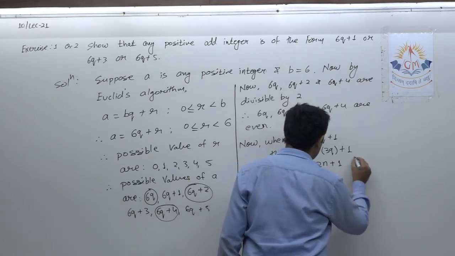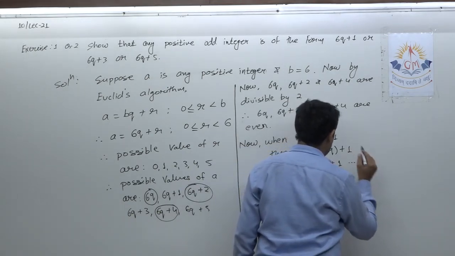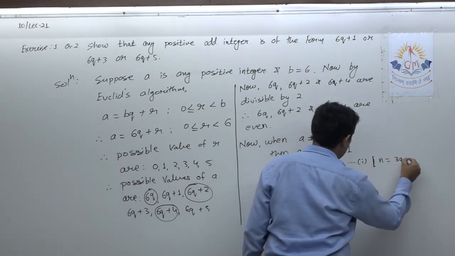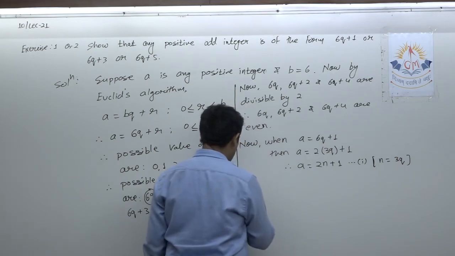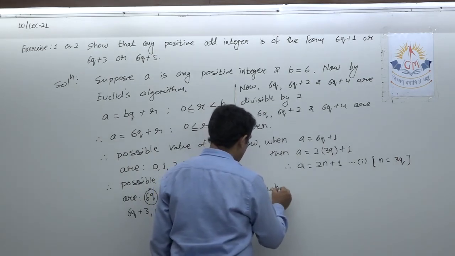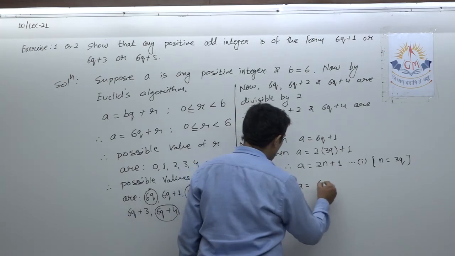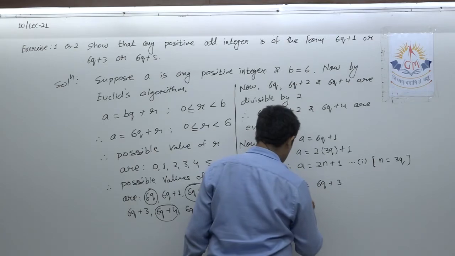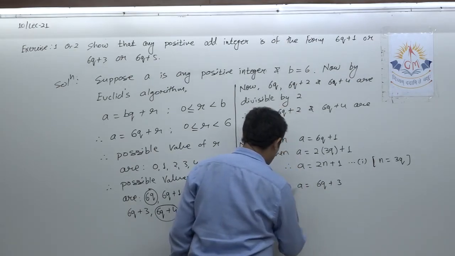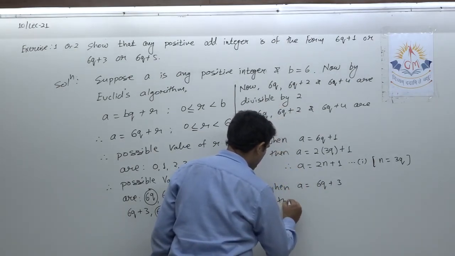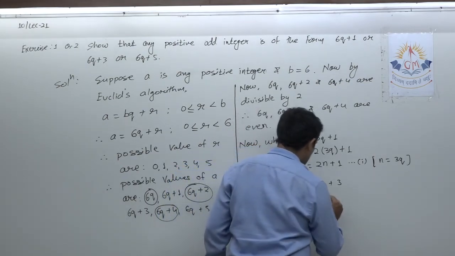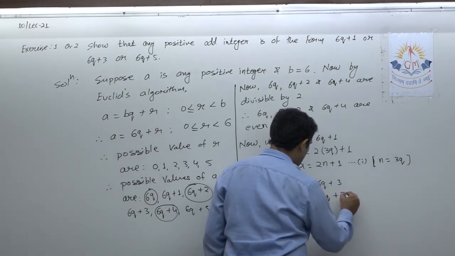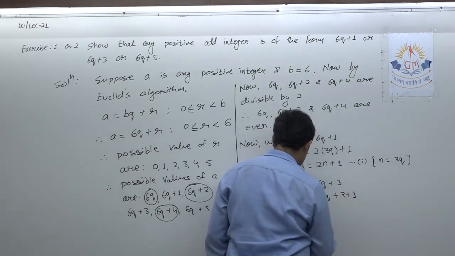Okay, 2n plus 1, let it be equation number 1. Here I write n is equal to 3q. Now when a is equal to 6q plus 3, then at that time I can say a is equal to 6q plus 2 plus 1.